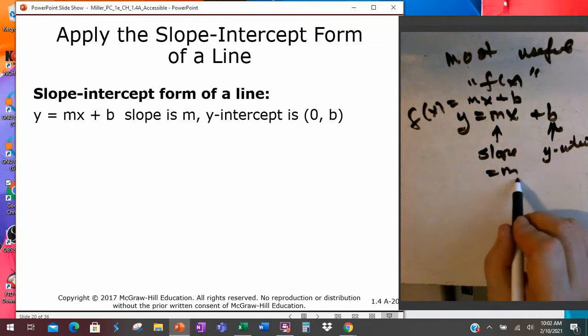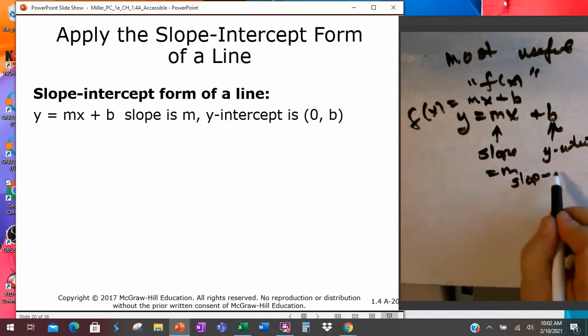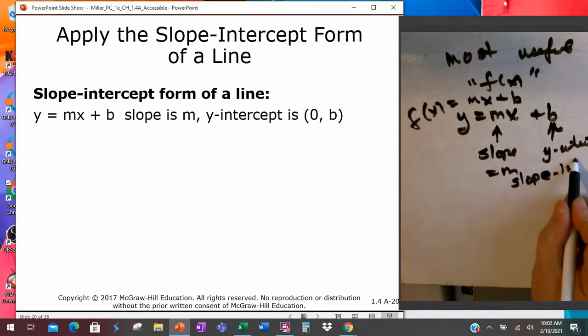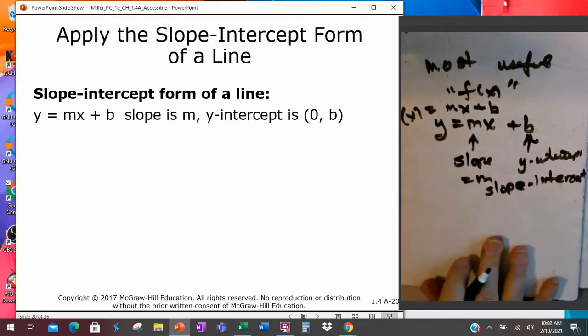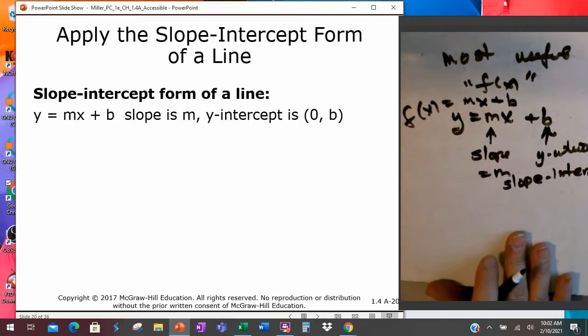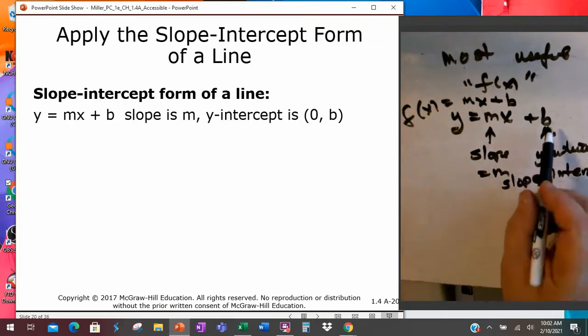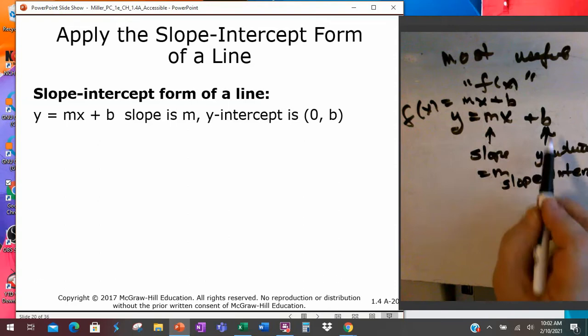Hence the slope-intercept. Okay, slope-intercept. And why is that the y-intercept?